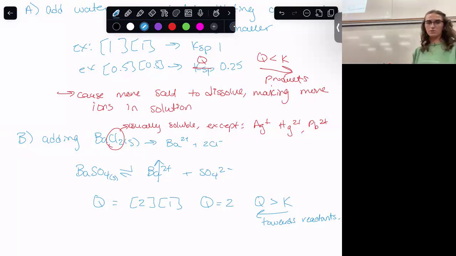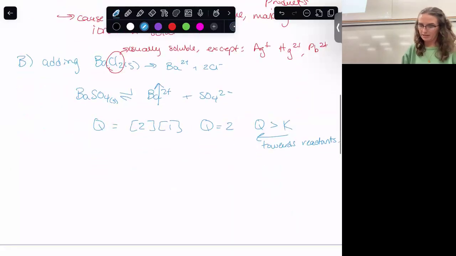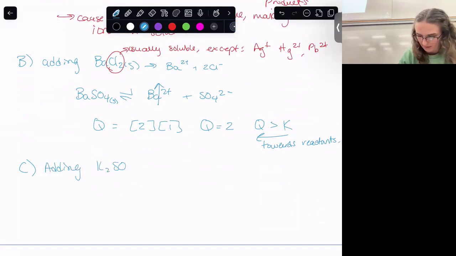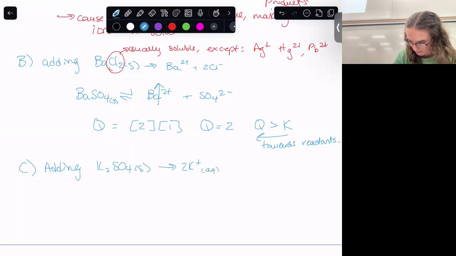Okay. So then similarly, look at this. If we were to add potassium sulfate this time, we check our solubility chart and this now becomes K+ and SO4 2-.